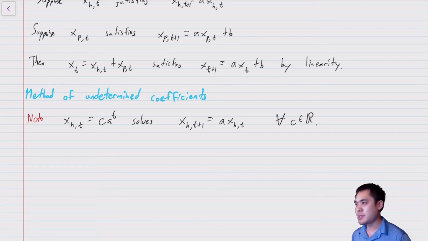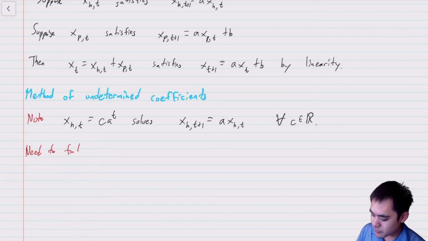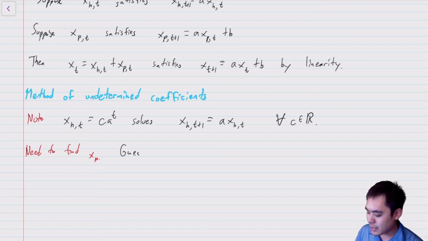You can just see that by plugging it in, and it's also something we discussed in the previous video. So now this gives us a solution to the homogeneous equation. All we have to do now is find a solution to the particular equation. So we need to find x sub p. I am going to guess that x sub p is equal to k for some constant k.